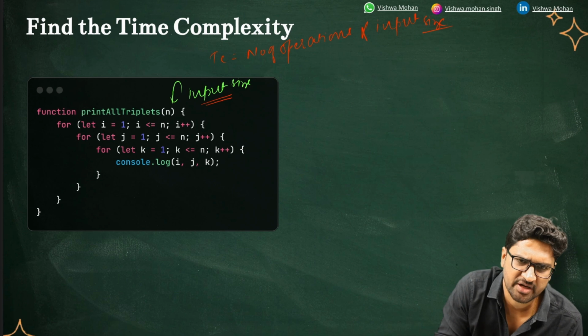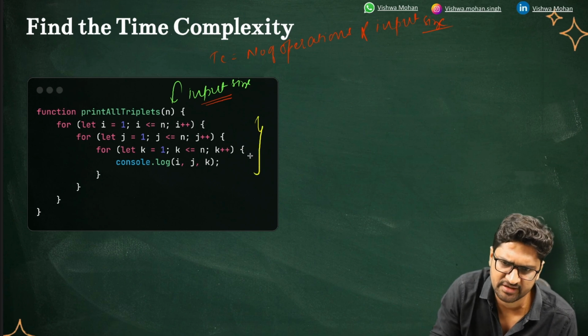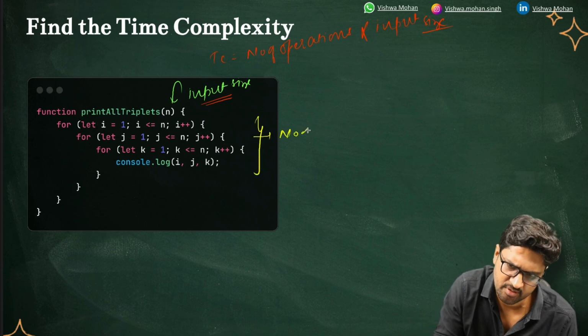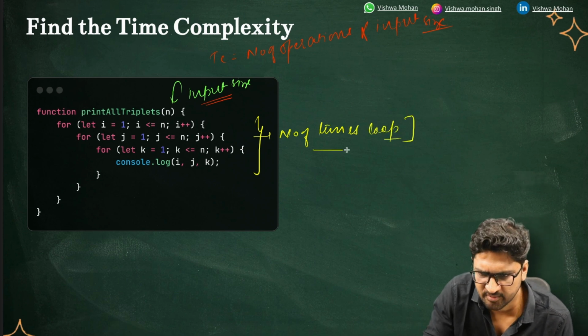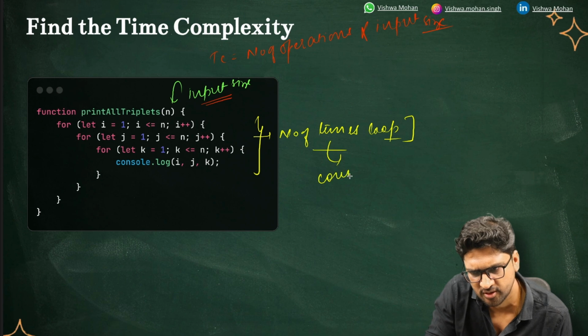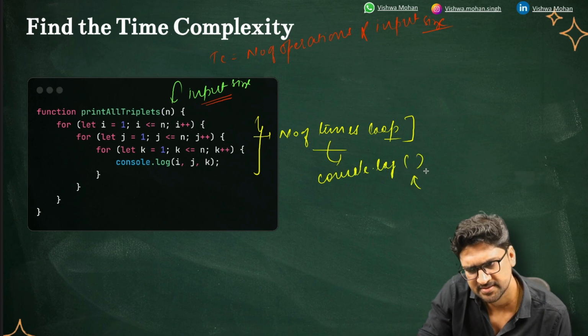So in this case, what is my number of operations? The number of operations is how many times the loop will run, or I can say the number of times console.log is printed.